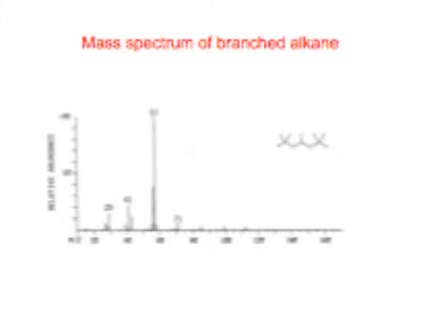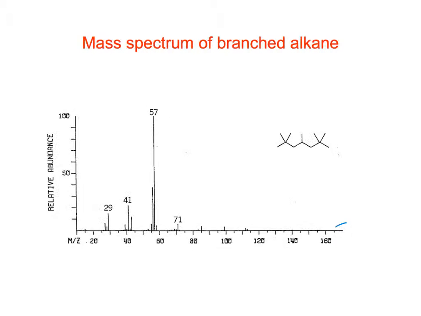If we have a branched chain alkane, we see that the pattern of peaks is not as regular, right? And first off, we don't even see a molecular ion this time, just because it's fragmenting very easily.